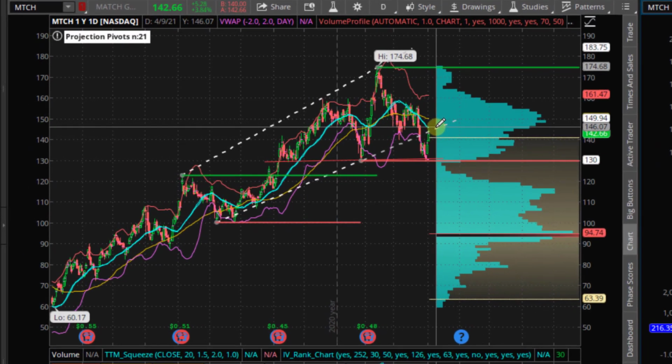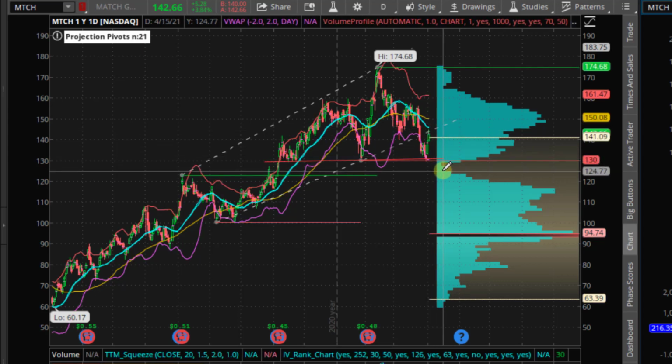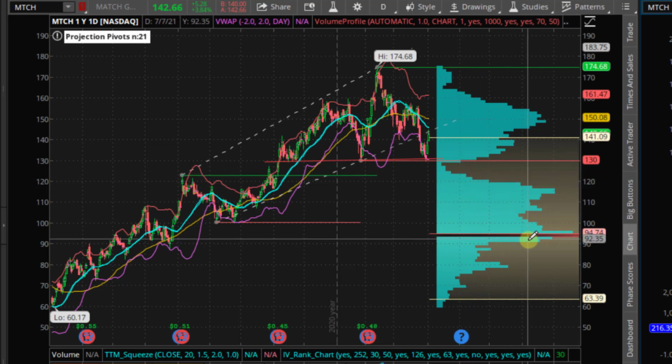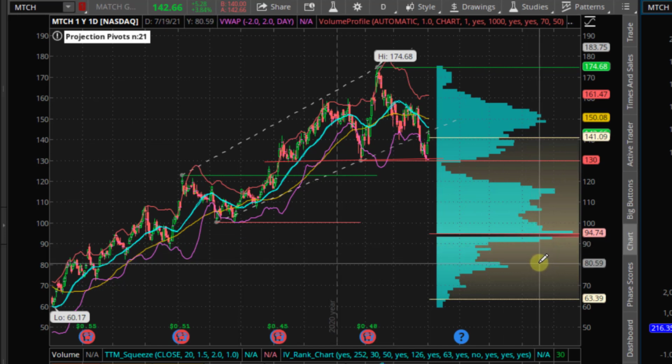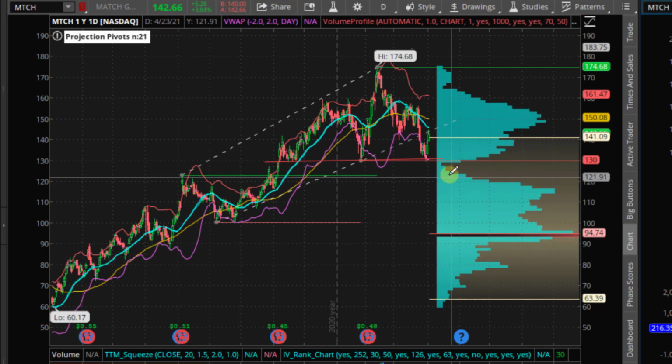If it's trading below 130, let's say it went down here to 123, or even down here to $80, right? Doesn't matter. If it's below 125, then I would just lose $500, but minus my credit of 225, so really 275. So I lose $275 if it was below that 125.